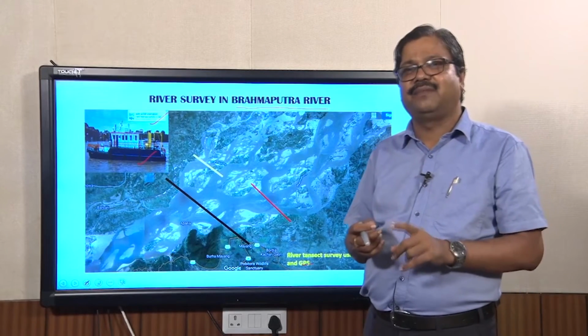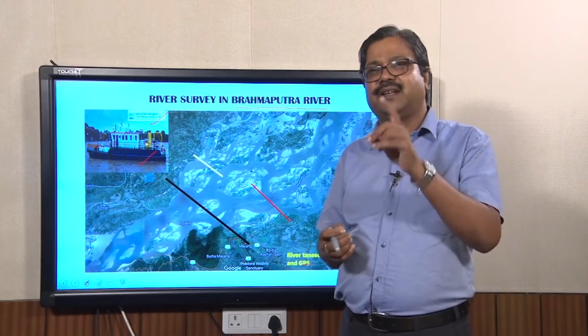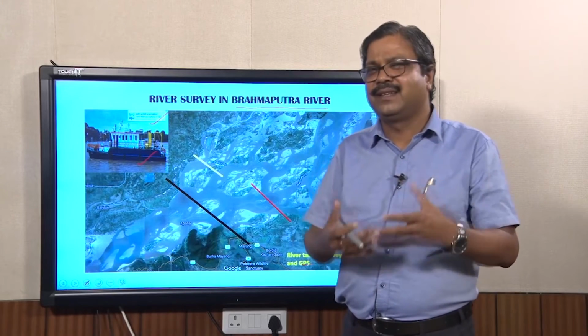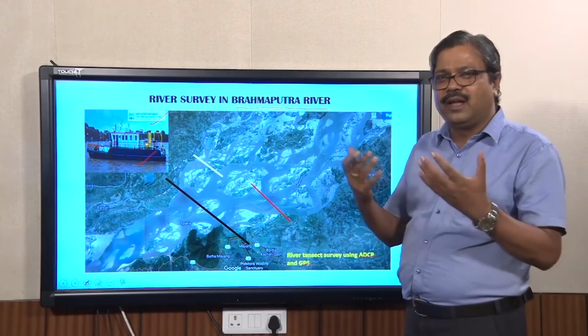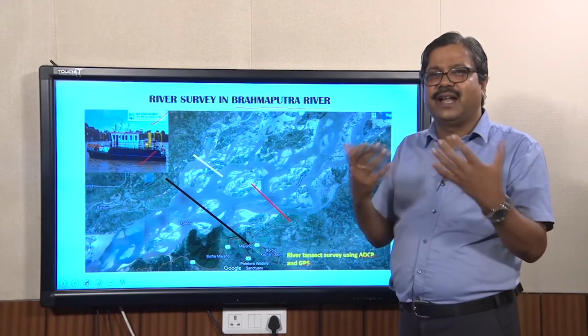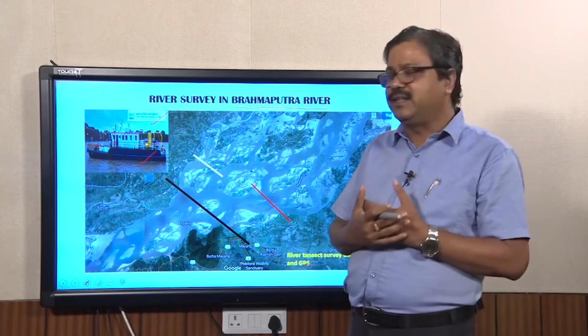It measures the depth, and it measures the suspended sediment concentrations. For more details you can browse through the literature on what an ADCP is and how to use it.